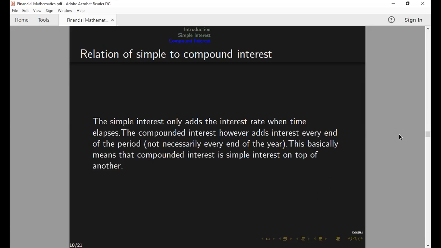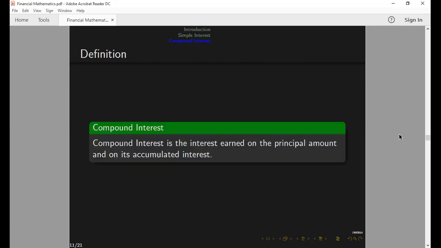So we break simple interest into smaller parts, and then we make simple interest add onto other simple interest until the whole period has been added. What do we mean? Compound interest is the interest that earns on its accumulated interest. Hence we use the term accumulated. Something that accumulates is something that gradually grows over time.